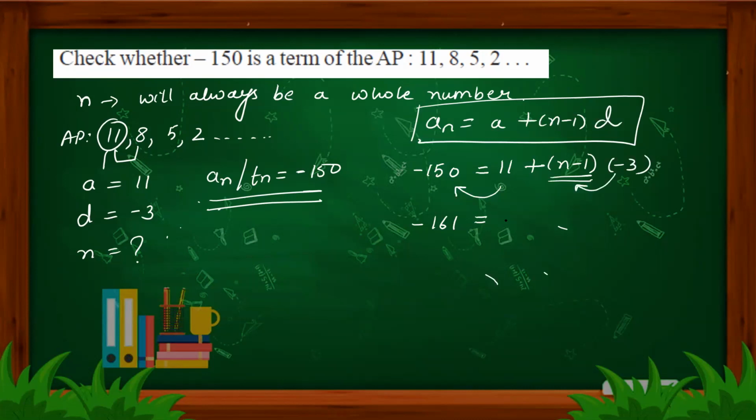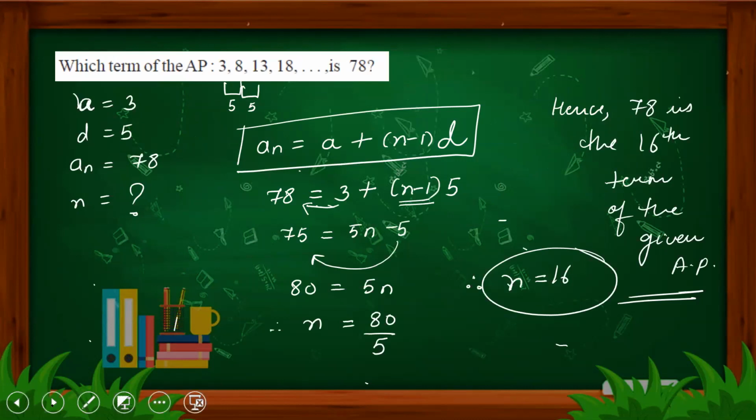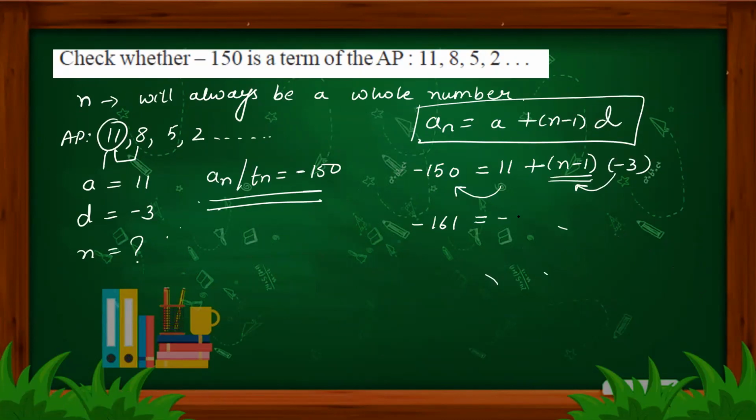So it's minus 3N, minus 3 into minus 1, so that's going to be plus 3. This 3 will again go over here. So minus 161 minus 3, you have minus 3N. So now this is minus 164. My negatives get cancelled.